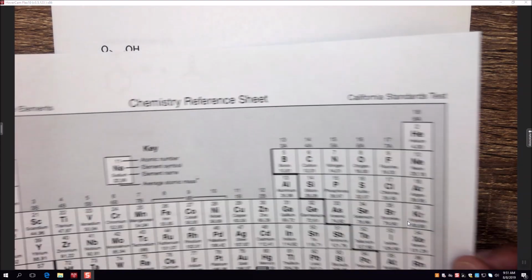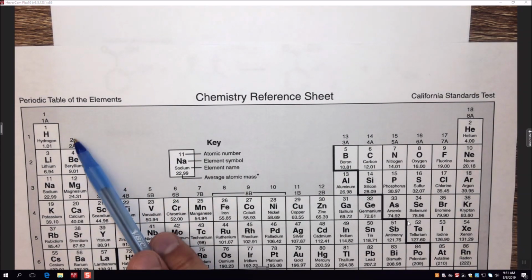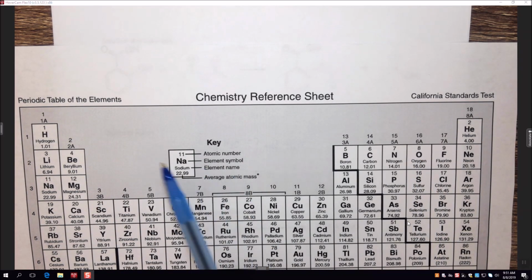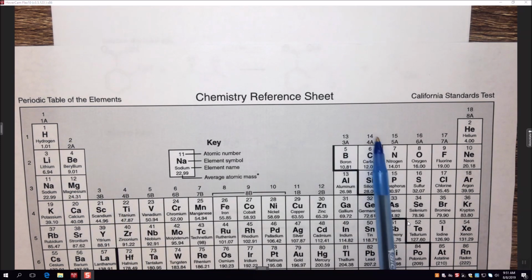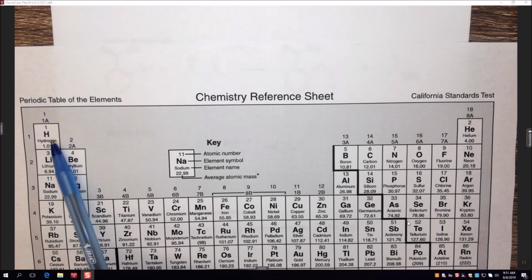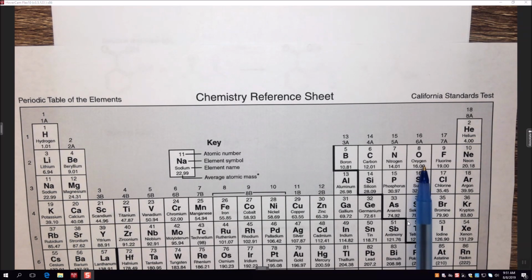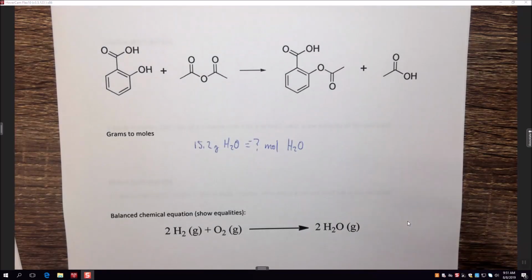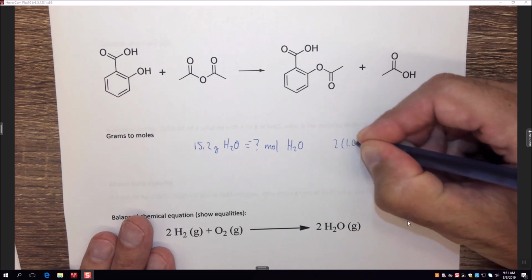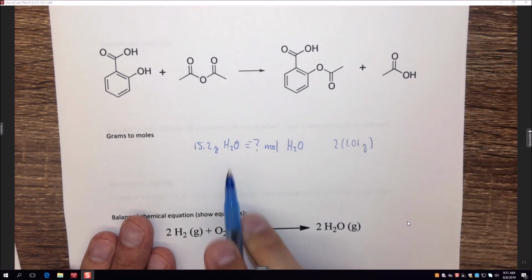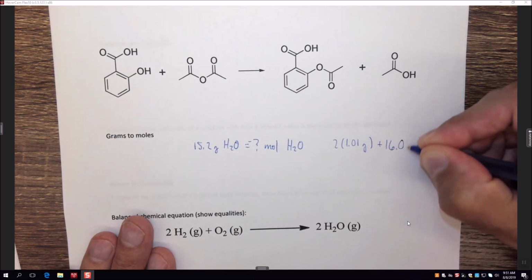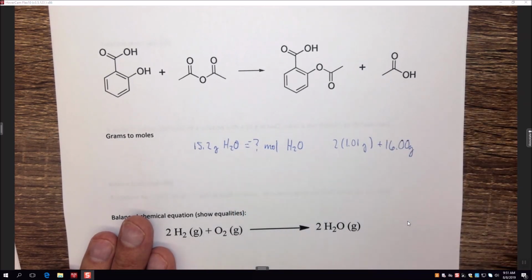So water is made up of two hydrogens, H2, and an oxygen, O. If I want to know how many grams are in a mole of water, I want to use a periodic table. Specifically, it's 2 times 1.01, because there are two hydrogens, plus 16.00, the mass of oxygen. So to find the molar mass of water, I want 2 times 1.01 grams, the mass of hydrogen, because there are two of them, plus 16.00 grams, the mass of oxygen, and there's only one.